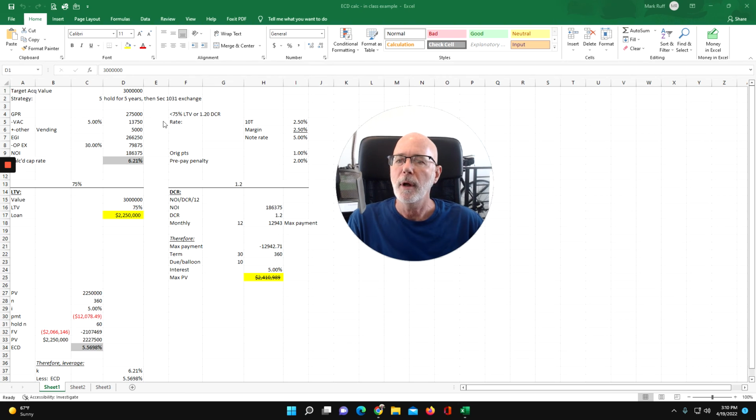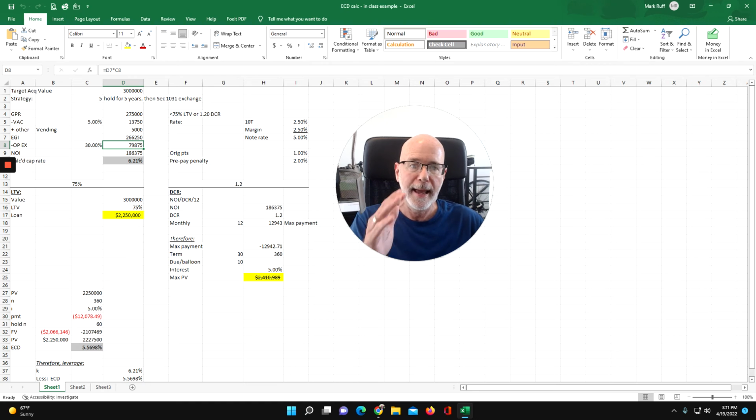We also know that in the course of our conversation, they've mentioned some operating data: some gross potential rents, a vacancy rate, some other vending machine income, and we then calculate the effective gross income. The operating expenses, or the operating ratio here, is 30% of the effective gross income. We know that's 79,875.